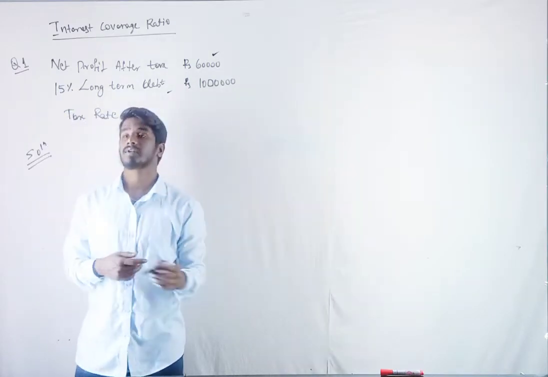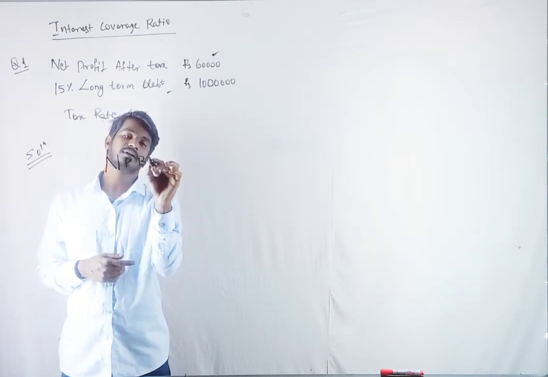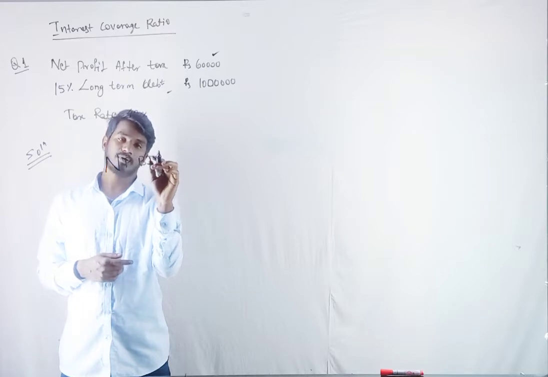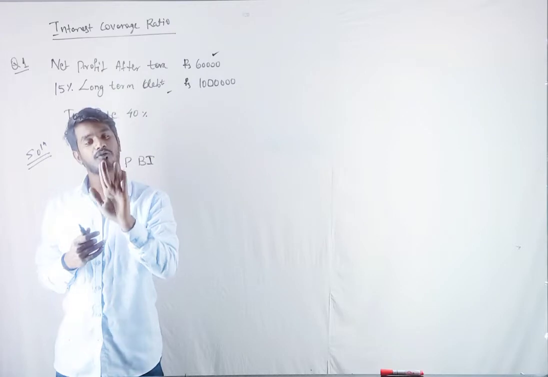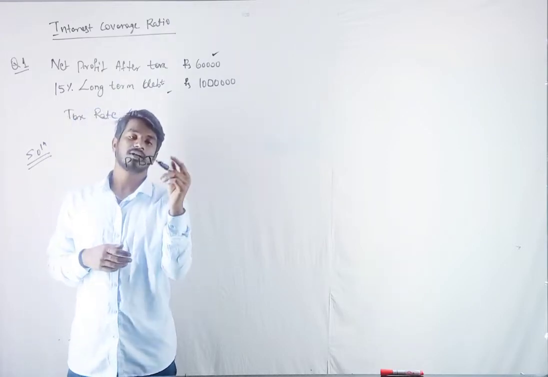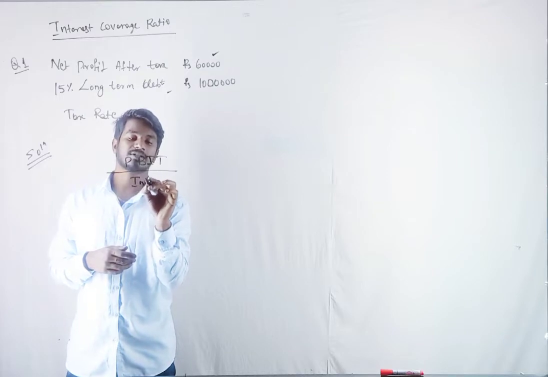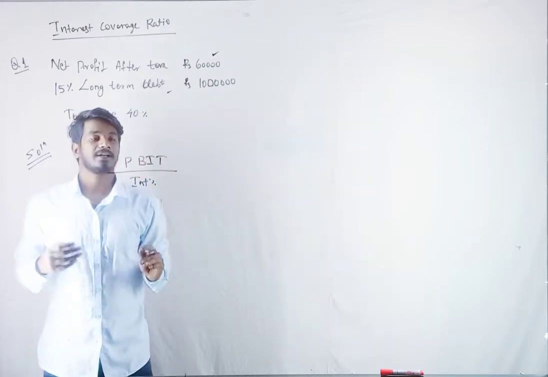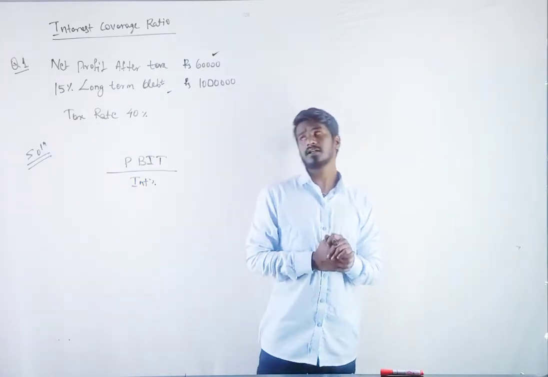Solution: net profit before interest and tax. We can take it as profit before interest and tax divided by interest. Right, this is the formula for interest coverage ratio.